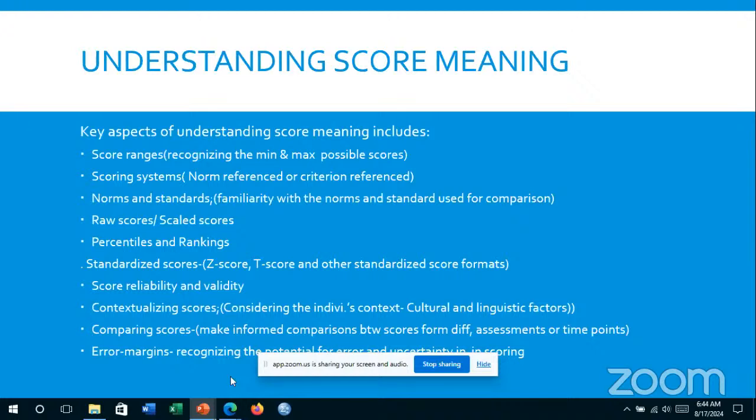Are they raw scores, or are the scores scaled or normalized, as the case may be? The Z scores are part of what some of the instruments use. Of course, the psychometric properties, including reliability and validity, are part of what we take into consideration in understanding the scores, as well as in choosing the instrument that we use.